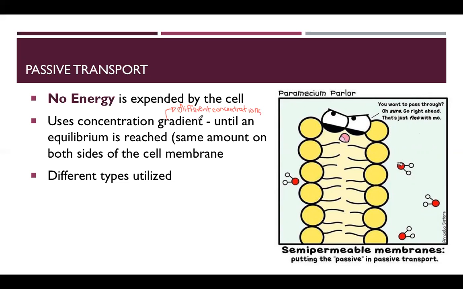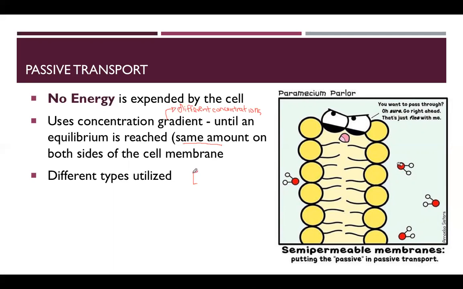The bigger the difference, the higher the concentration gradient. So it uses this concentration gradient by going from a high concentration to a low concentration until there's the same amount on both sides of the membrane. I'll just write that down here.